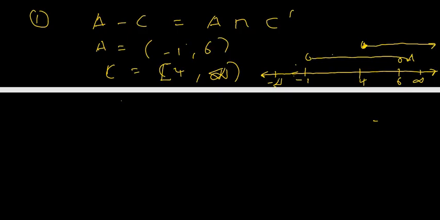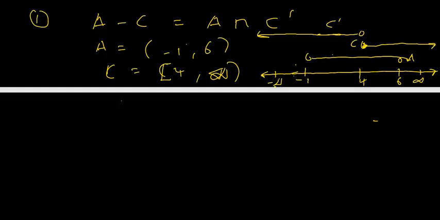So here we can clearly say that this is our C. And if this is our C, then our C complement will be from here all the way to the negative infinity. So this will be our C complement.